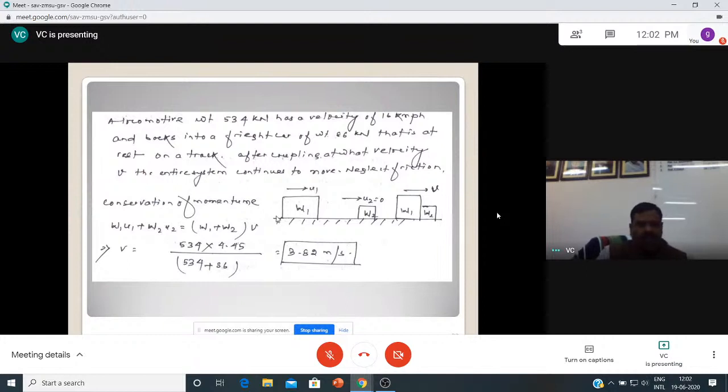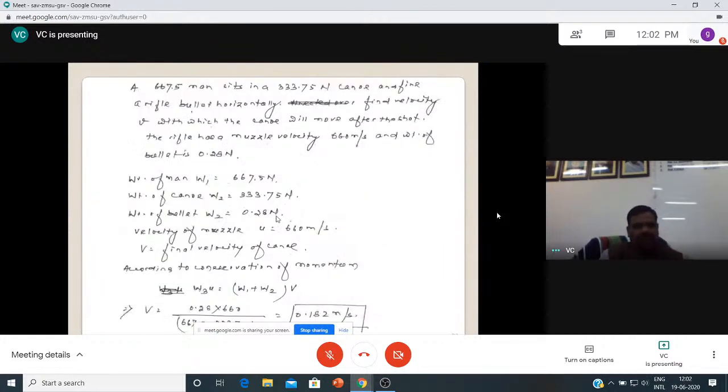Okay. Now note down another problem. A 667.5 newton weight man sits in a 333.75 newton canoe and fires a rifle, and the bullet coming from the rifle is moving horizontally.